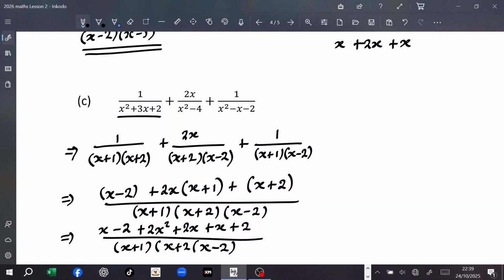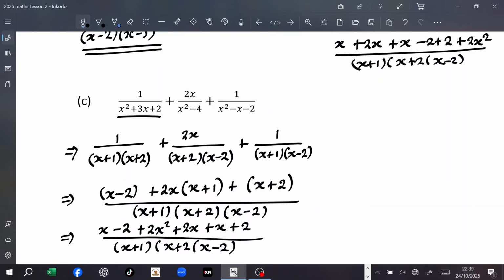Then we'll get this one and this one. We'll have negative 2 plus 2. Then at the end we have plus 2x squared, everything over x plus 1, x plus 2, then x minus 2.